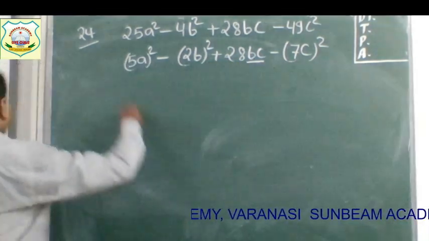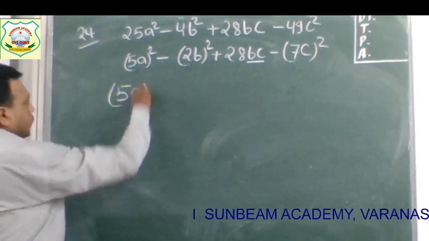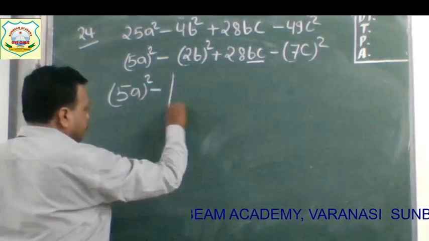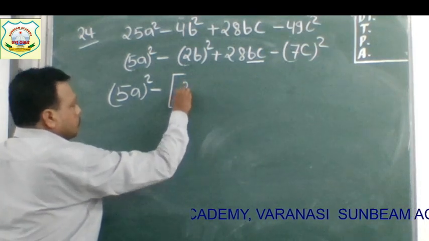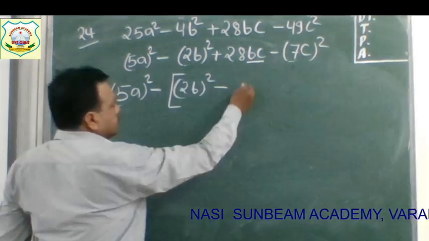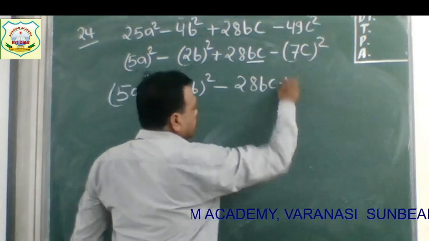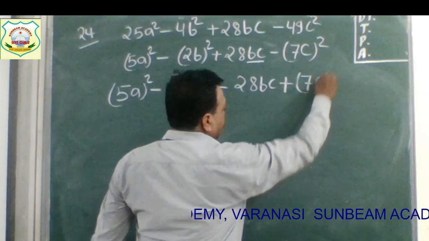So, students, 5a whole square minus, within a bracket, 2b whole square, the sign will be minus, 28bc, this sign will be plus, 7c whole square.